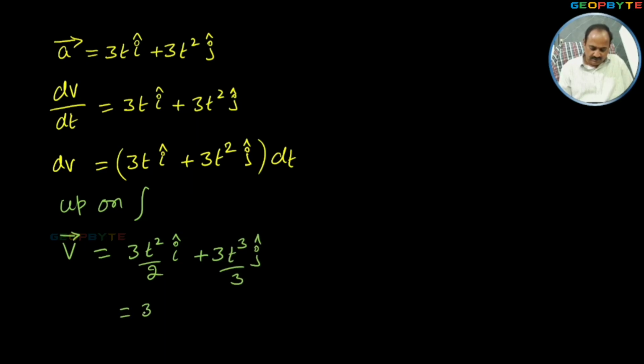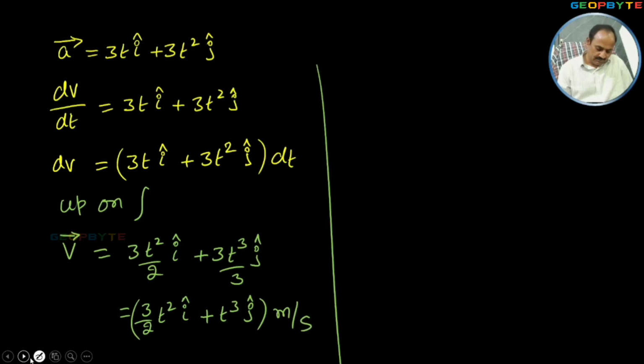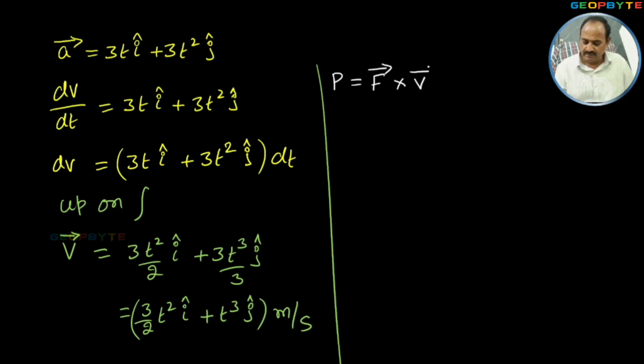It is equal to 3 by 2 t square i cap plus t cube j cap. That is the velocity, in meter per second. Then the power P equals the product of force and velocity.